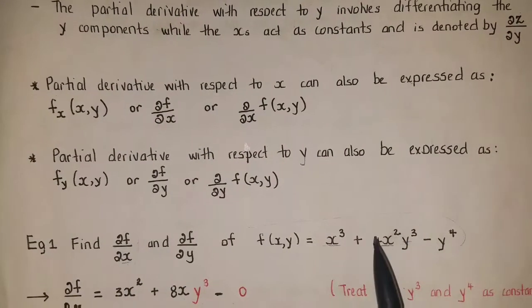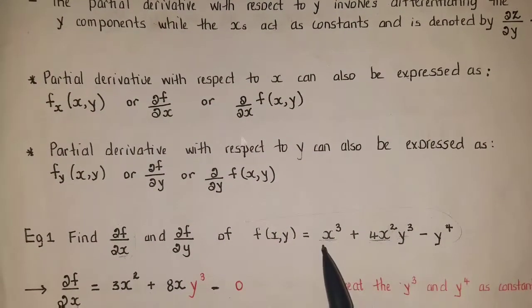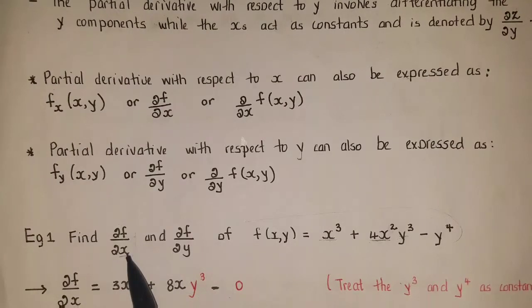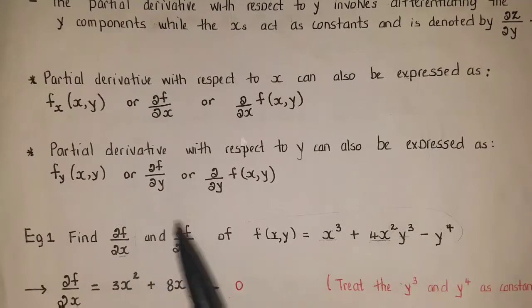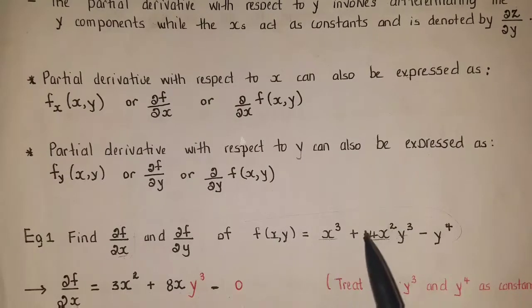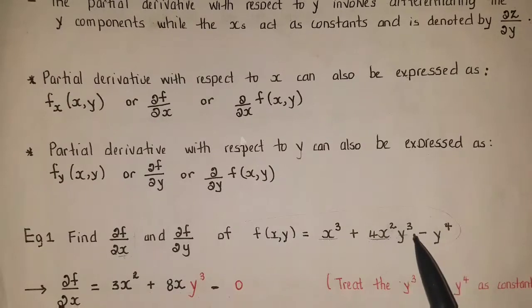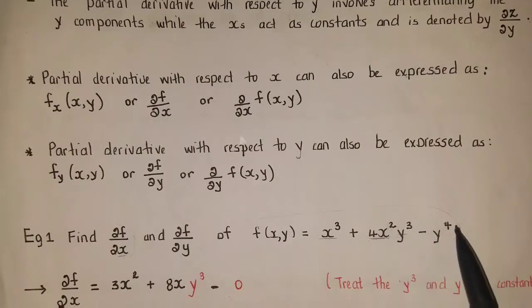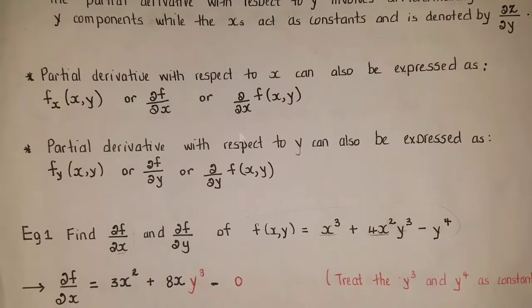So if we go back to our function, to find the partial derivative of f with respect to x, we're going to differentiate the x cubed as well as this 4x squared, while this y cubed and y to the 4 are going to act as constants.